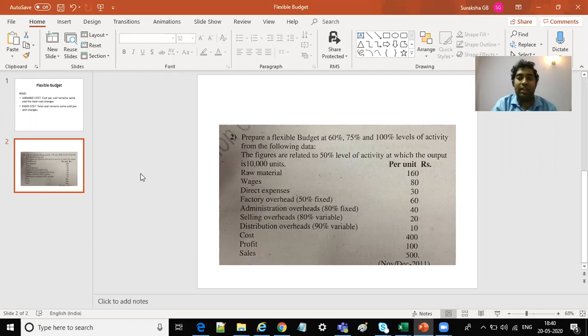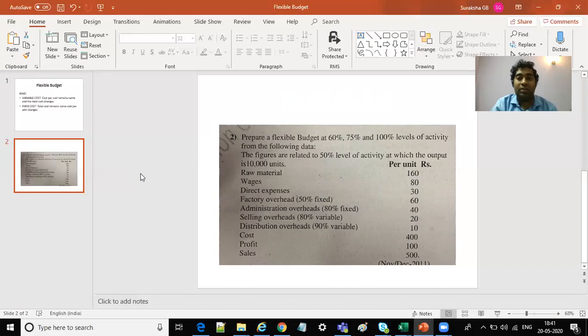Administration overhead 80% fixed, that is 40. So 80% fixed and 20% variable. Selling overhead 80% variable, then 20% will be fixed, and the per unit cost is given as 20 rupees. Distribution overhead is given as 90% variable and 10% fixed, and the cost per unit is given as 10 rupees.